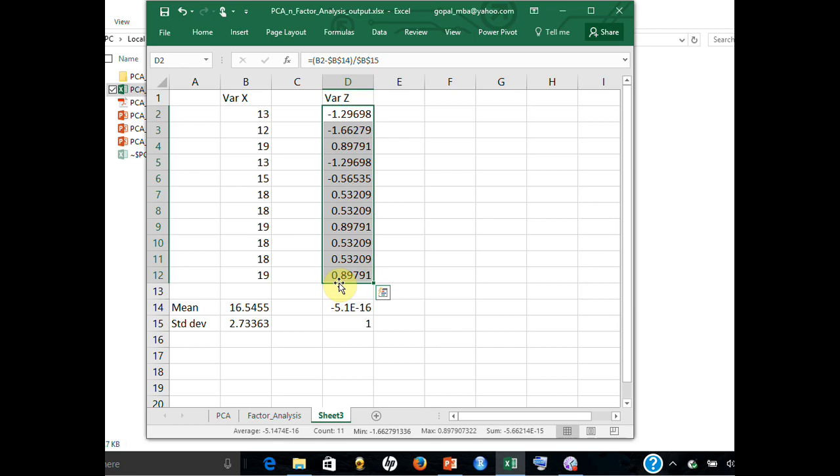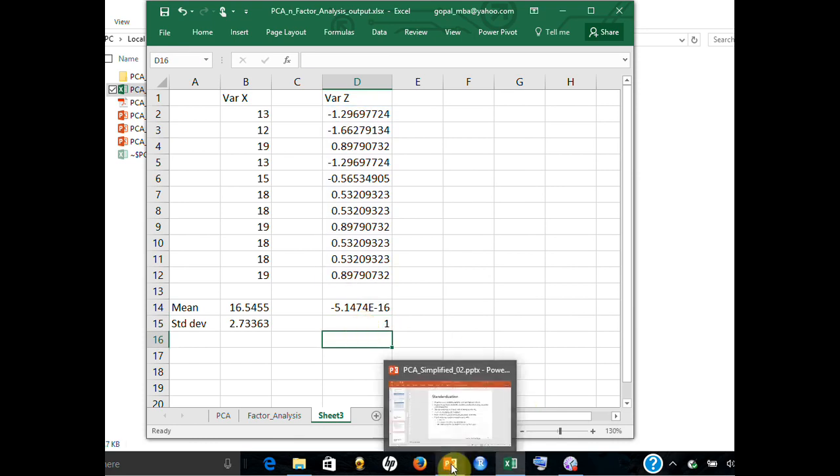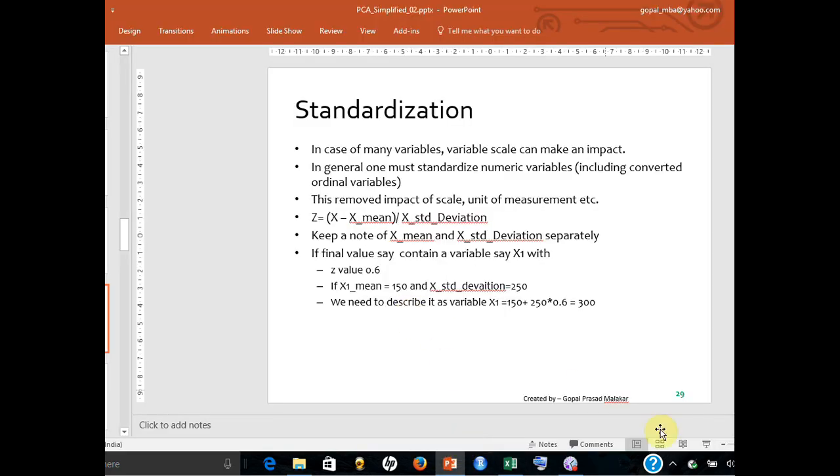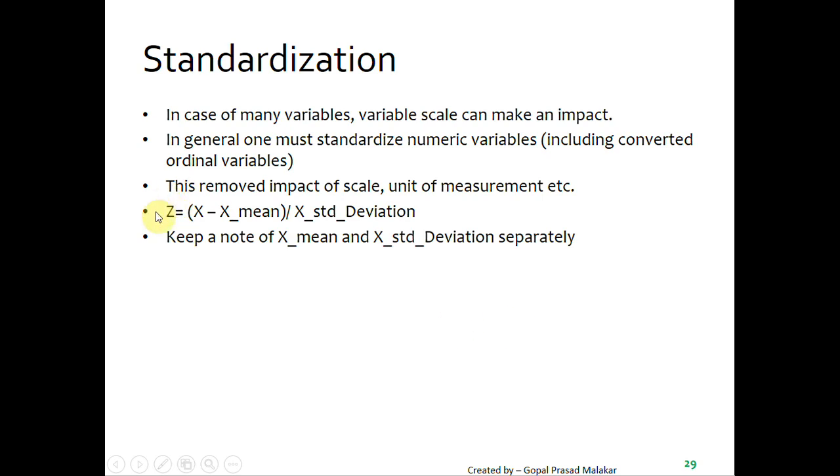If you take the mean of these Z values, it is always going to be 0. This is a small data set, which is why it has come to 10 to the power minus 16, which is as good as 0, and the standard deviation is going to be 1. So the moment you have standardized all the variables, all the Z values have mean 0 and standard deviation 1. In that case, for all the variables, the scale does not make an impact.